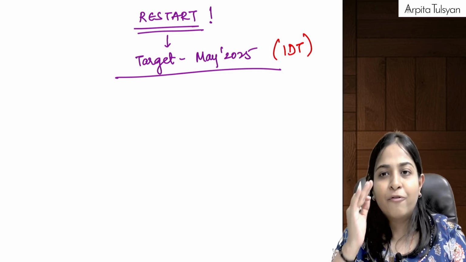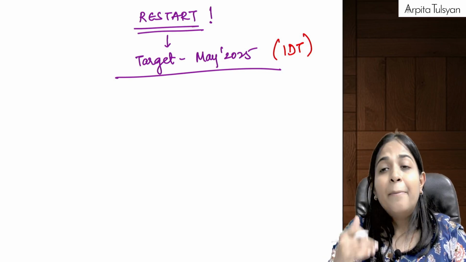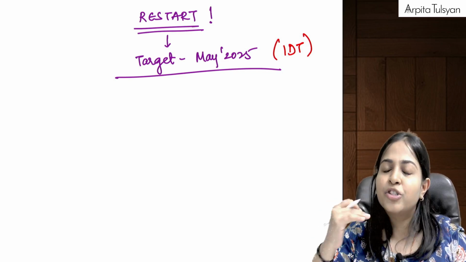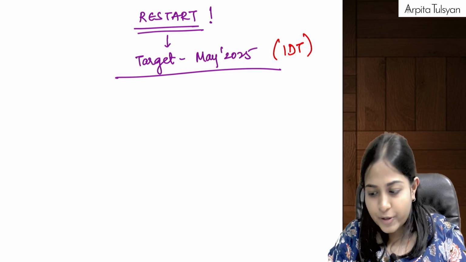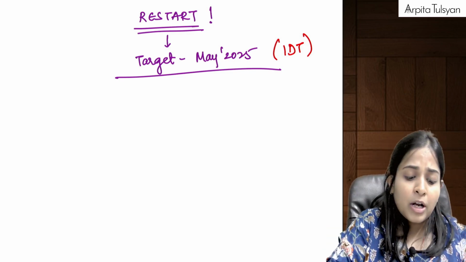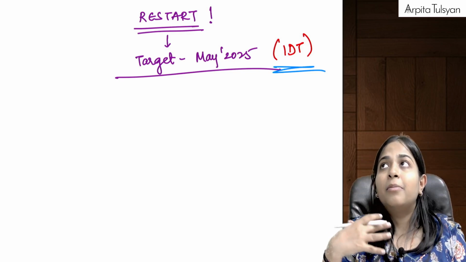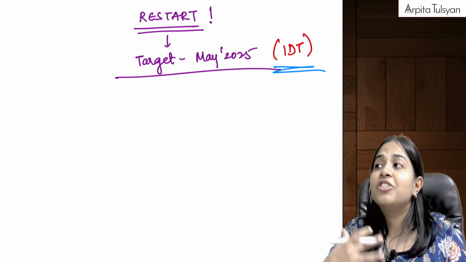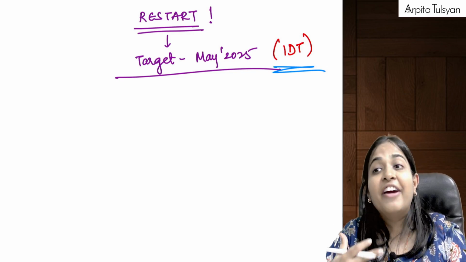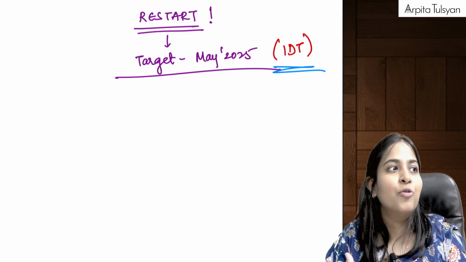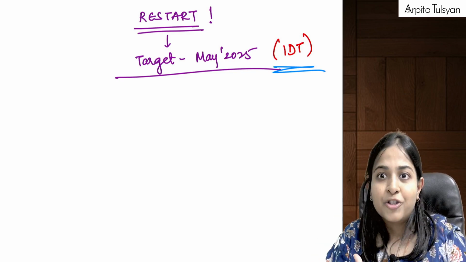Before we start our studies, we need to be clear about how we are going to study and what we are going to study. First of all, for your May 25 examinations, before starting our preparation, just ask yourself, where do we stand? What was my position?